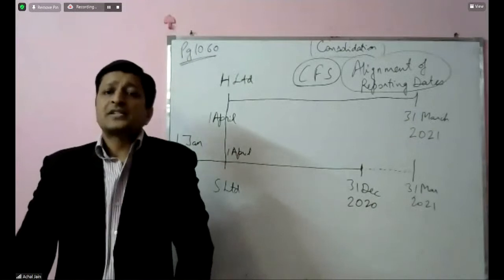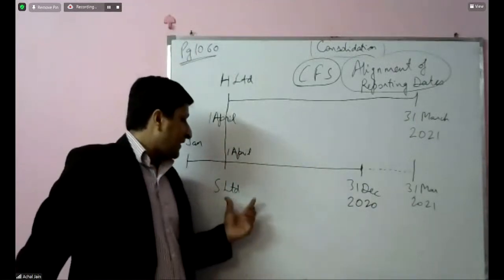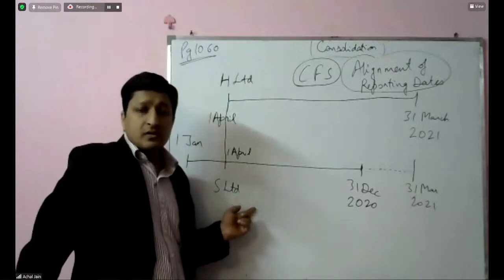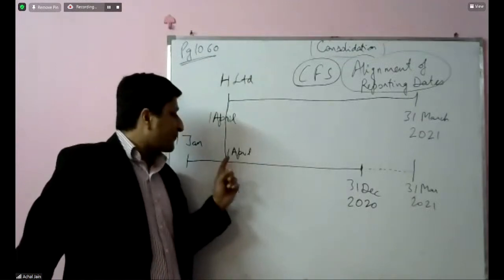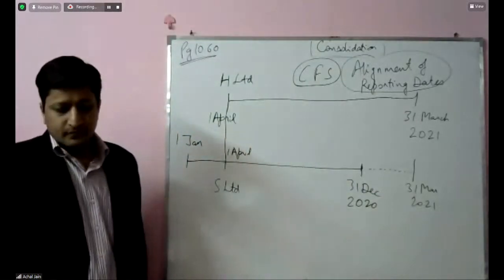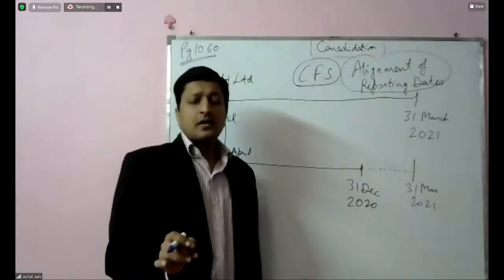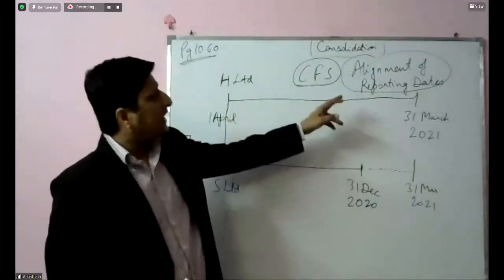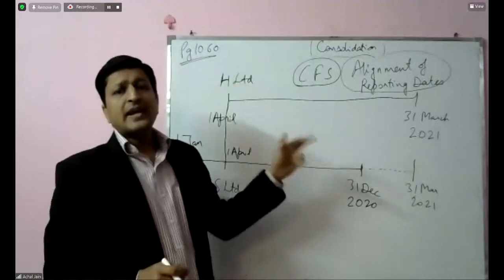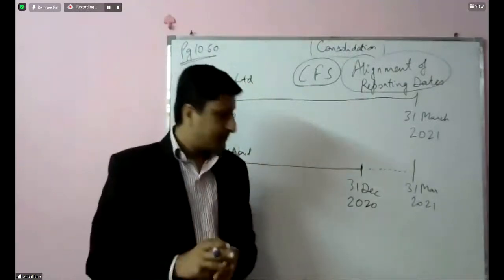But let's suppose due to any reason the subsidiary doesn't produce financial statements from 1st April to 31st of March. In this case, the standard says that even if the reporting dates of holding and subsidiary are not the same, it will be all right.